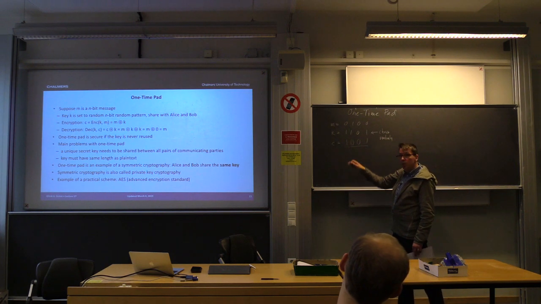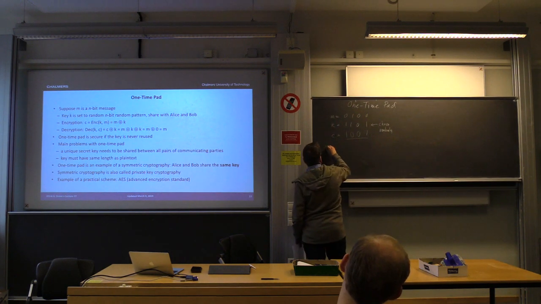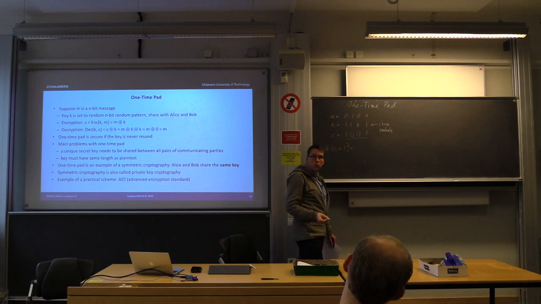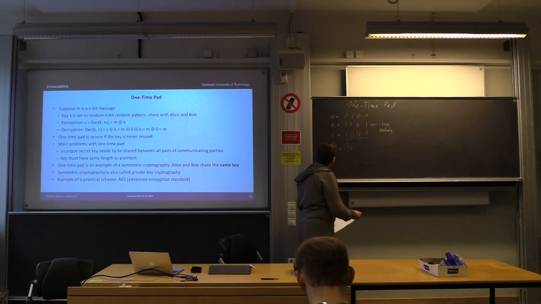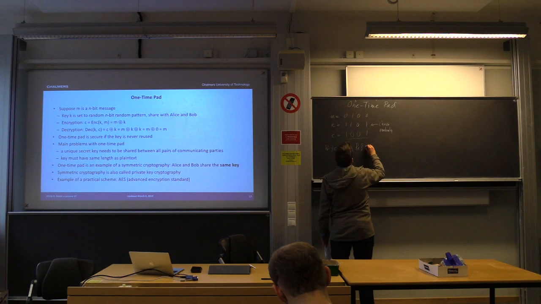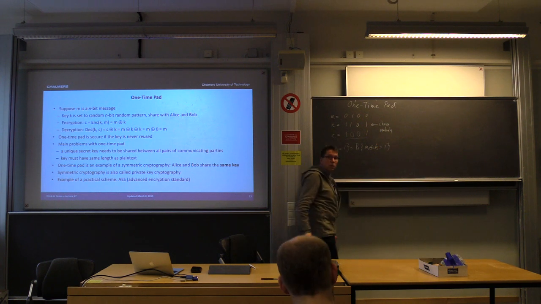Can we say something about the distribution of C here? In particular, let's calculate the probability that the first bit of C is equal to 1. Well, the probability that C1 is equal to 1 is the probability that M1 plus K1 is equal to 1.